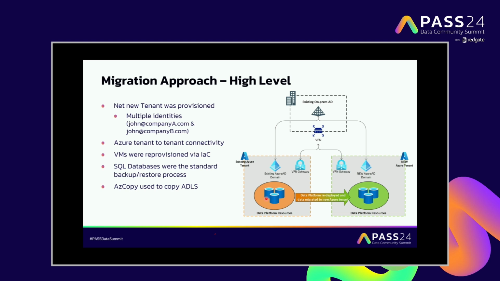So all that stuff we wanted to migrate into the green circle. So the virtual machines, for example, those are re-provisioned through IaC, so like through Terraform and things like that. Databases, that one is fairly easy, a simple backup restore process, and just move the physical file itself from A to B and get it stood back up.